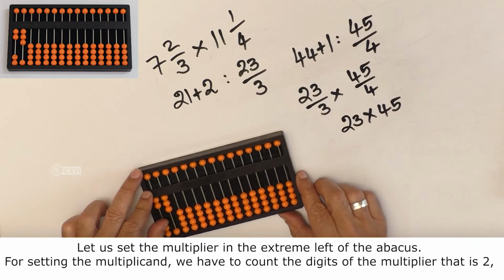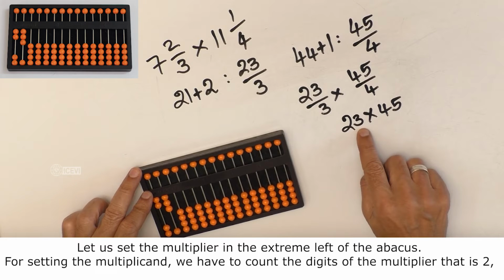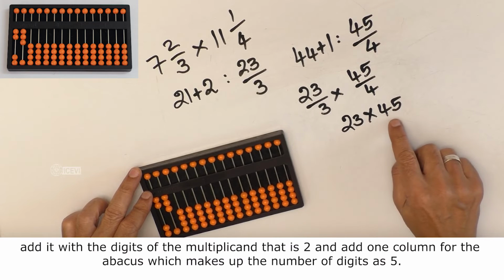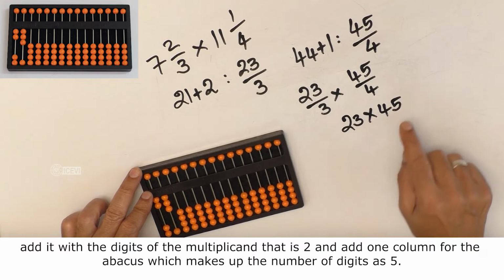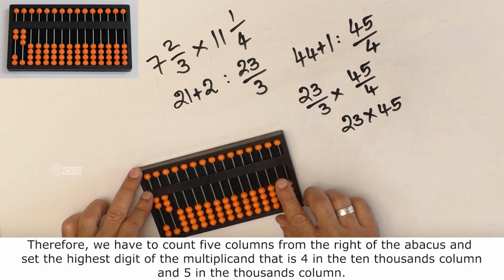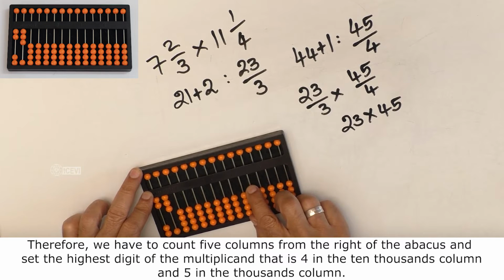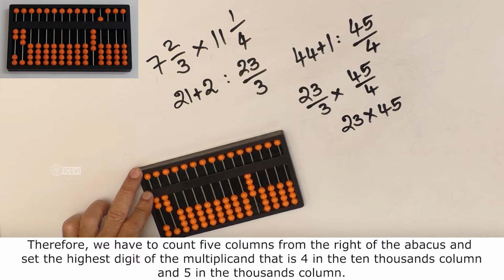For setting the multiplicand, you have to count the number of digits in the multiplier, that is 2, add it with the number of digits in the multiplicand, that is 2, and add one place for the abacus. That becomes 5, and therefore set the multiplicand from the fifth column from the right extreme of the abacus. That is, the number 4 is set in the 10,000s column and 5 in the thousands column.